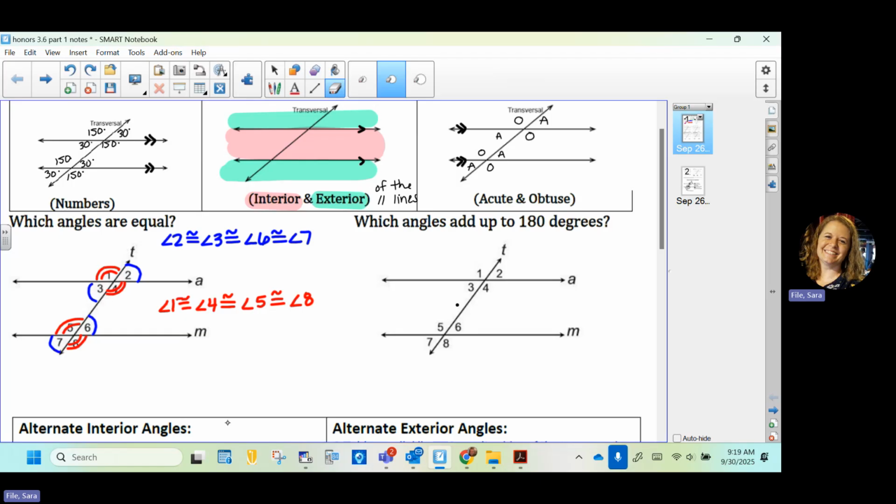Okay, so there are a lot of sets of supplementary angles here. So let's just name the ones that we talked about first up here at the top. We said if they're together on a line, they're a linear pair. So 1 and 2. I'm just going to write it as plus. Is angle 1 plus angle 2? That would equal 180. What else?